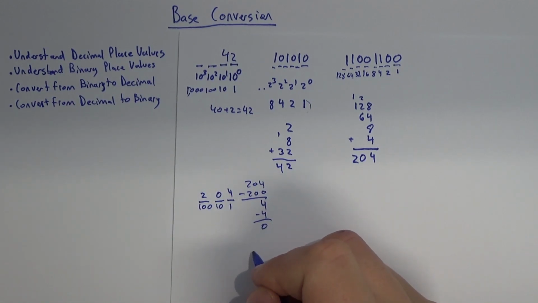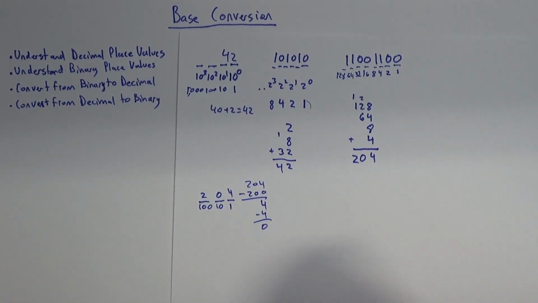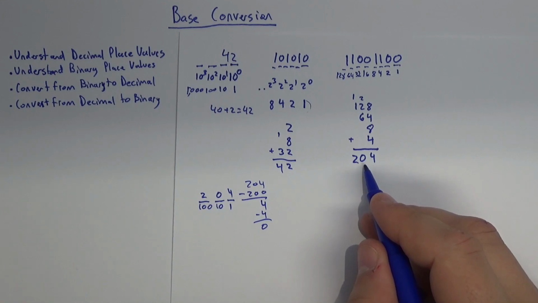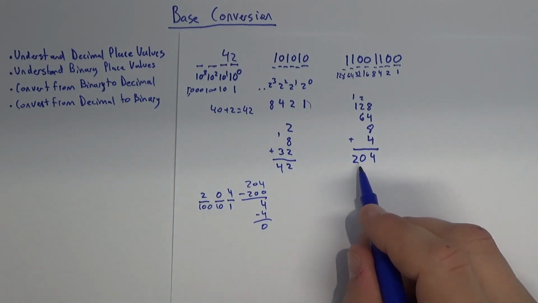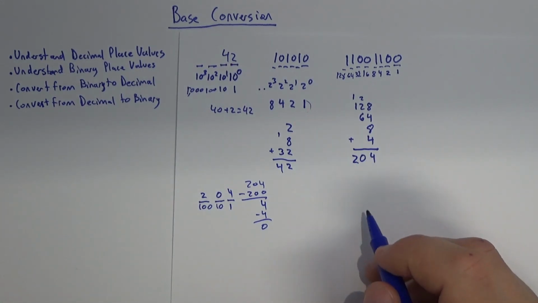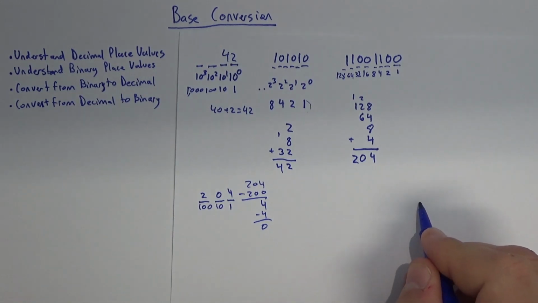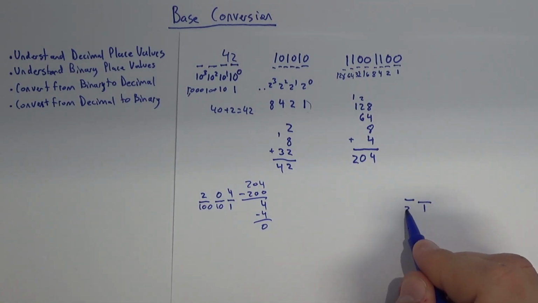Now it seems sort of silly to go from decimal to decimal, and in fact it is. It's the same number. But we can apply the same idea to going from decimal to binary. What we need to figure out is what is the largest place value that we can put a number in that will still fit inside of 204. So for example, we know that we at least have a 1. Okay? We know we have 1s. We also have 2s.